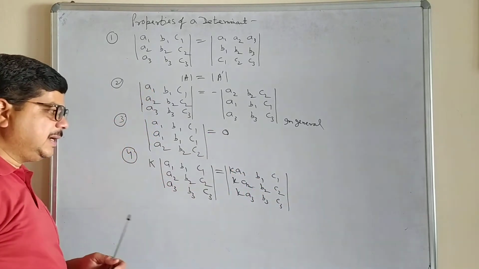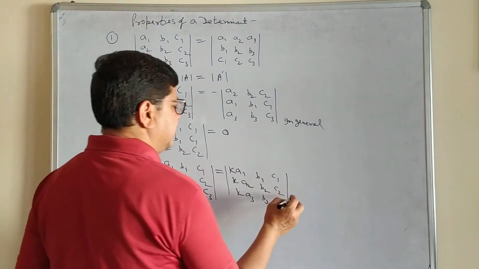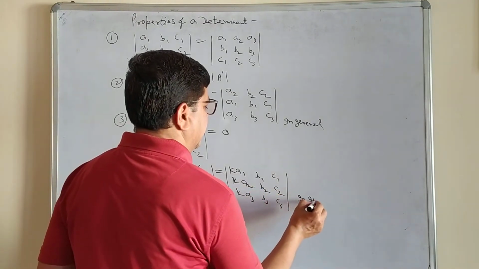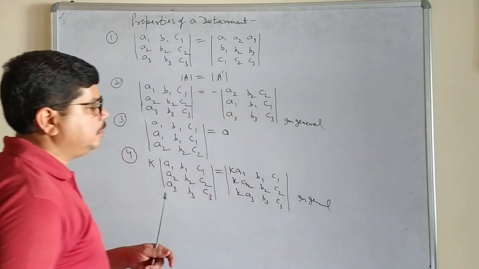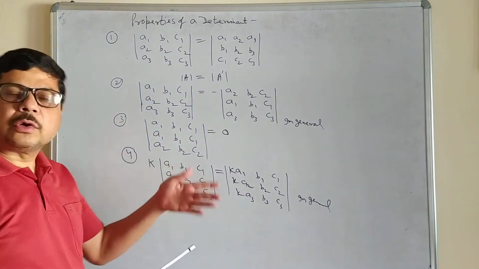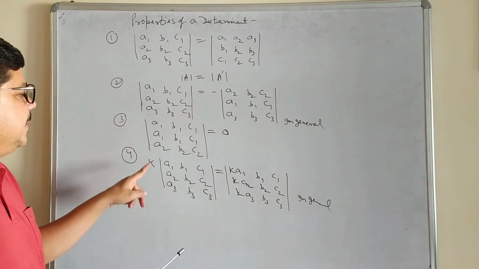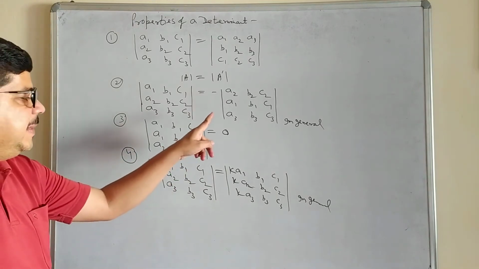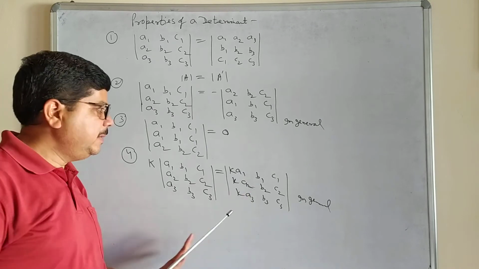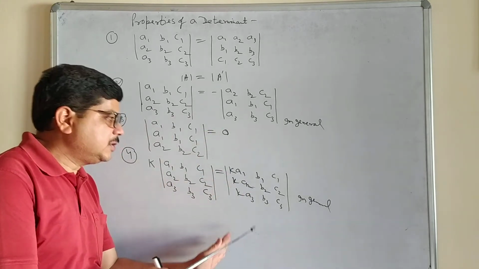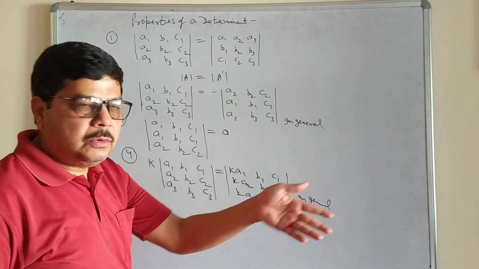Like this. Similarly, this is also in general. जब हम बात कर रहे हैं ना, any row or column, all the elements will be multiplied. So, if I multiply a determinant by some constant, each element of any one row or any one column will be multiplied, like only elements of first column or element of first row.